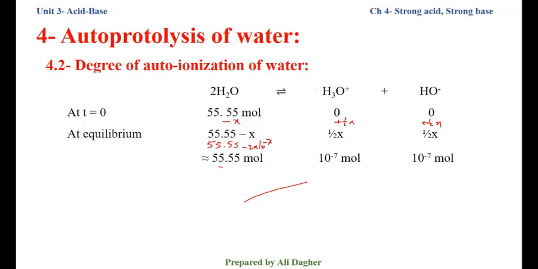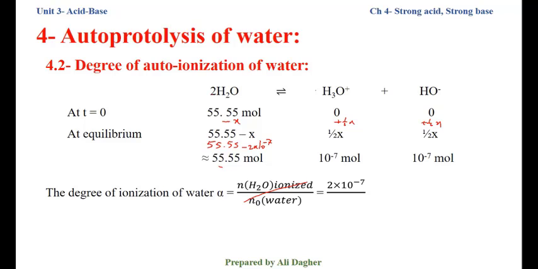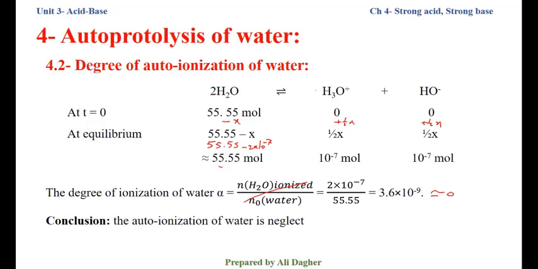Therefore, the number of moles and the concentration of water remains equal to 55.55. The degree of ionization of water equals the number of moles of H2O ionized over the initial number of moles of water, equals 2 times 10 negative 7, which is x, over 55.55, equals 3.6 times 10 negative 9, which is close to 0. That means the auto-ionization of water is negligible and water remains water.